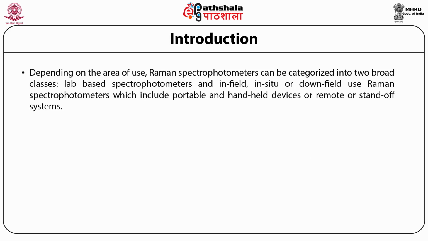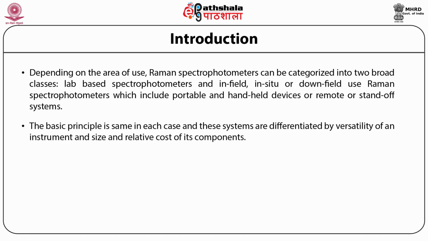Depending on the area of use, Raman spectrometers can be categorized into two broad classes, that is, lab-based spectrophotometers and in-field, in situ, or downfield use Raman spectrophotometers, which include portable and handheld devices or remote or standoff systems.